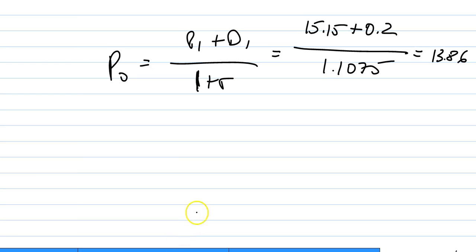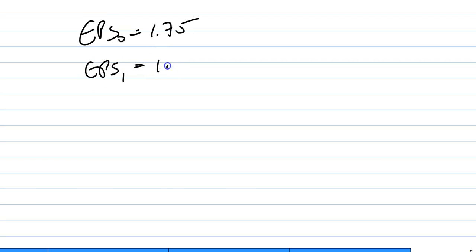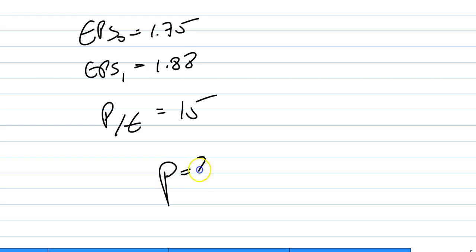So here we're using the comparables method of valuing the stock. We're given the information that most recent earnings per share for GAP were 1.75. Next year's earnings per share are expected to be 1.88. Price to earnings ratio from other companies or perhaps from the industry is 15. What's the price?